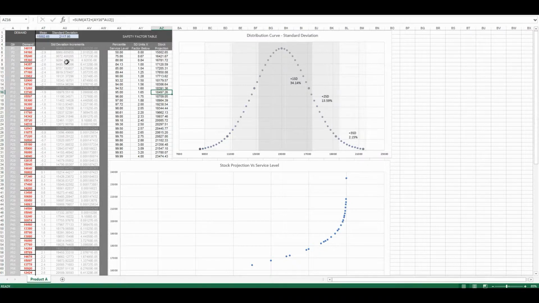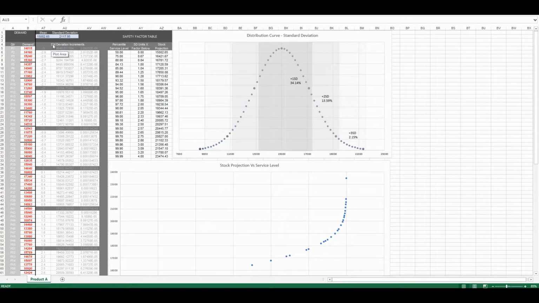So the mean is calculated here in AT2, that's just taking a mean of all this demand data, and the standard deviation here is in AU for all that demand data. Hopefully the mean doesn't take too much explanation, but for standard deviation, presumably you've come across this term before, but just in case you haven't, it's calculated as follows.